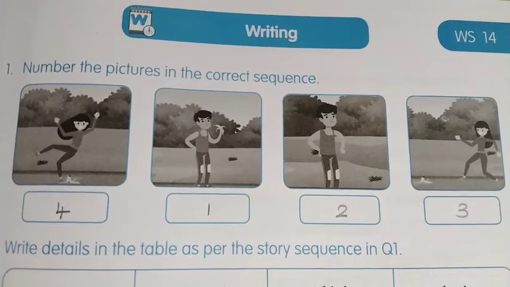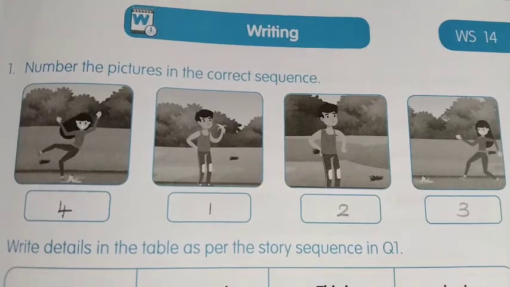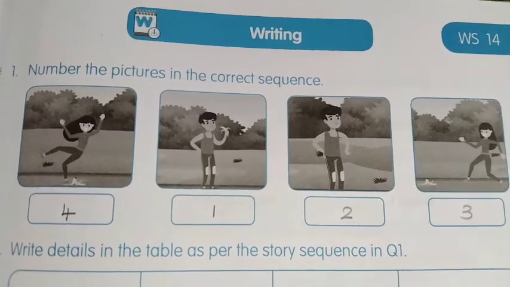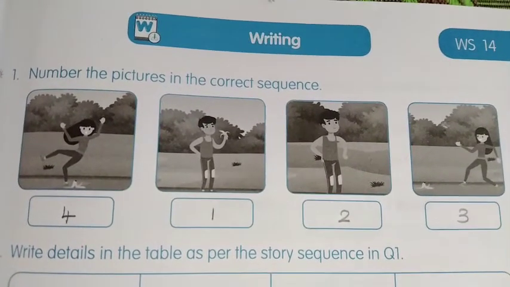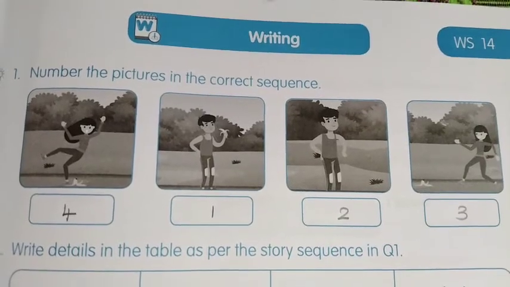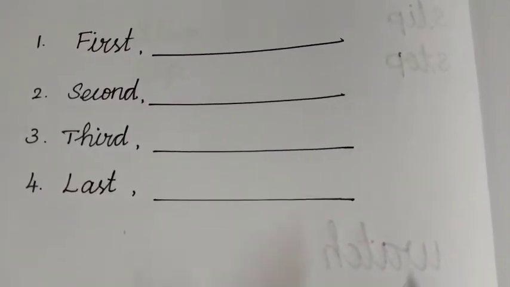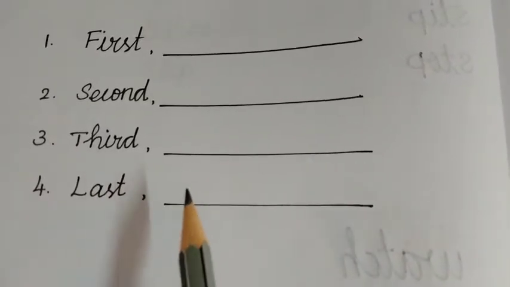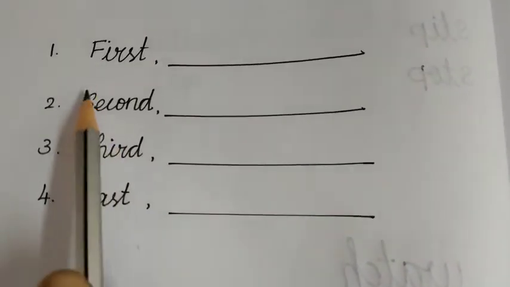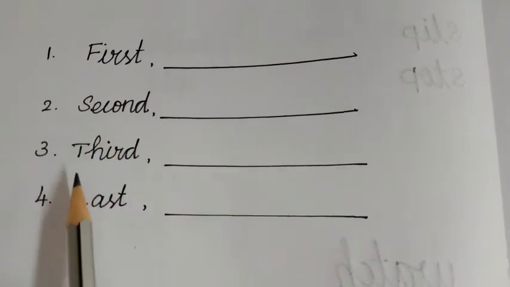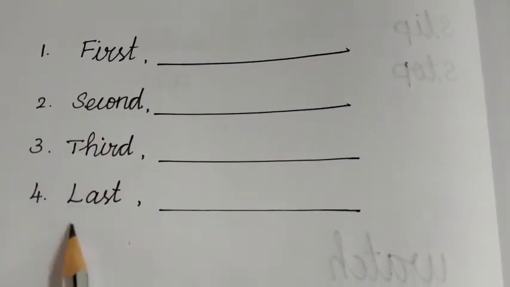Now I am going to write some sentence structure on the board. You just look at the sentence structure. You just copy this sentence structure in your notebook. First, second, third, last.